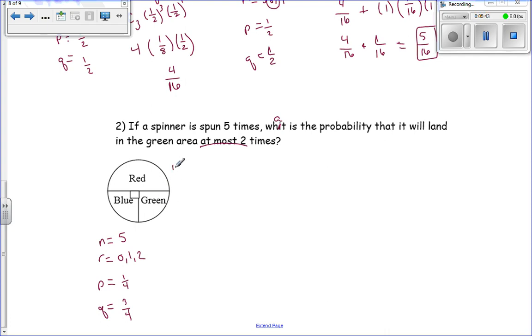Okay, remember we have nCr, P to the r, Q to the n minus r.